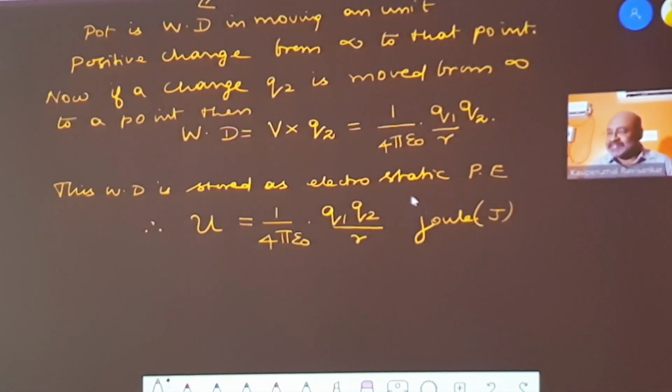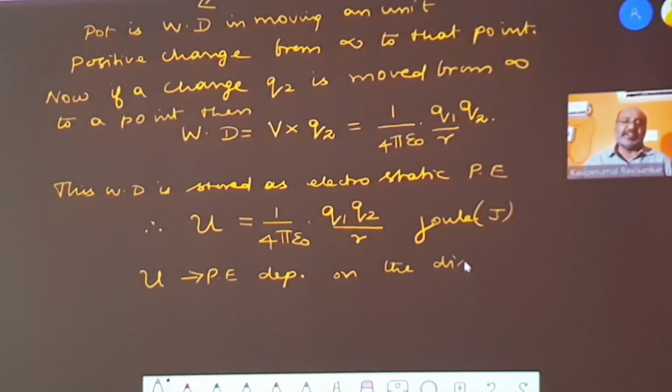So from this we can say epsilon, that is the potential energy, depends on the distance between the two charges.